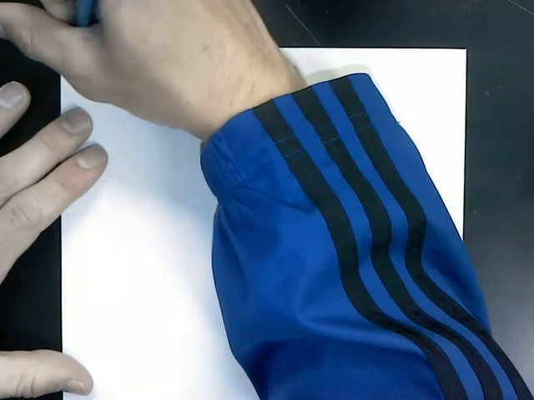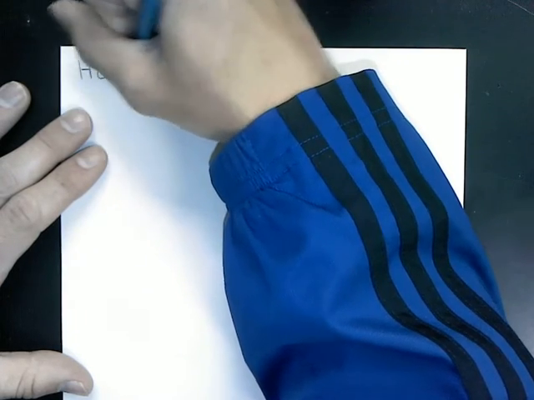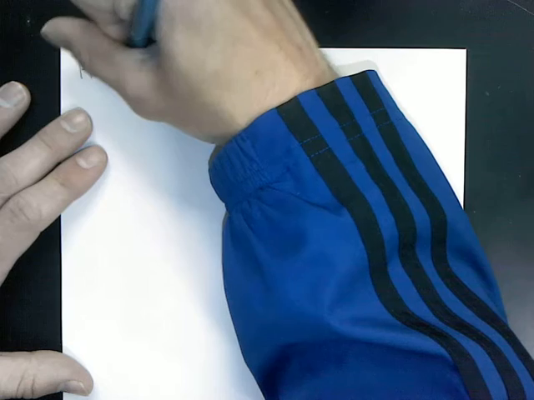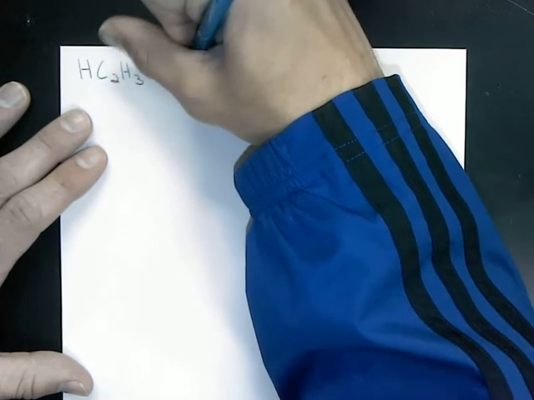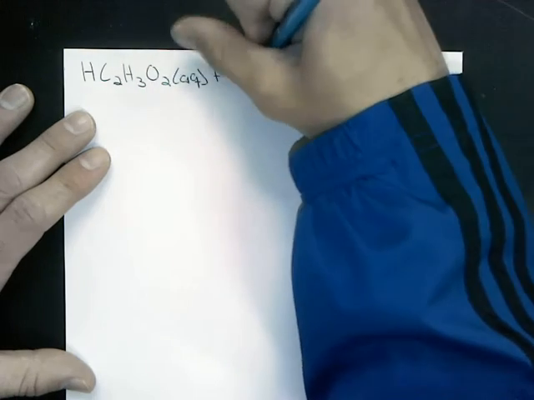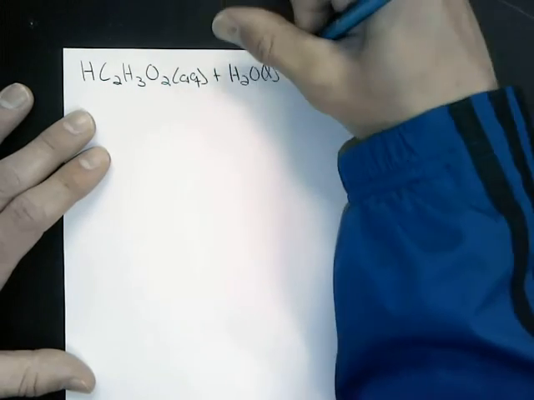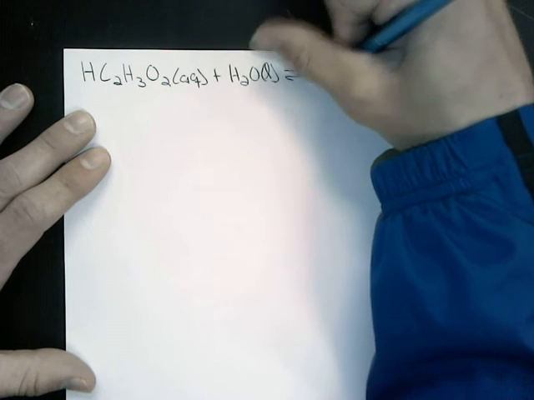First off, we once again are dealing with our acetic acid. So we start out with our acetic acid, and we draw our equilibrium expression, and we end up with something like this.